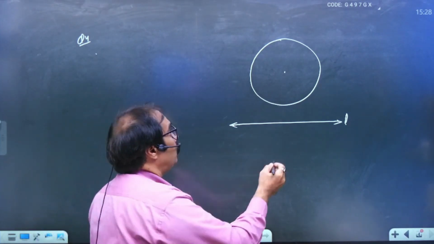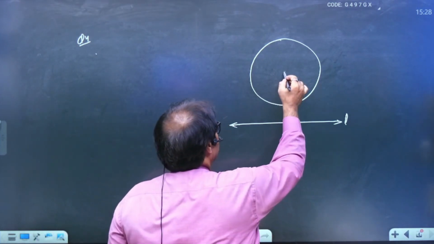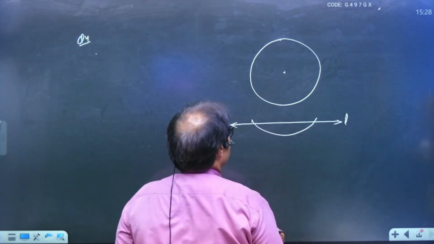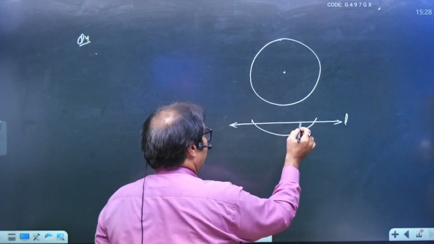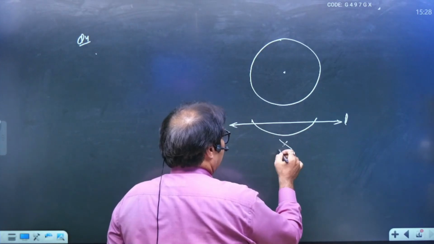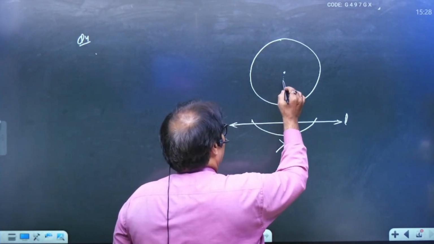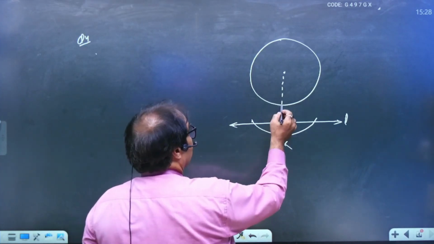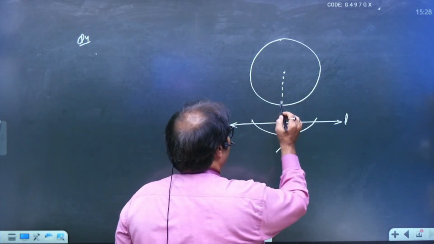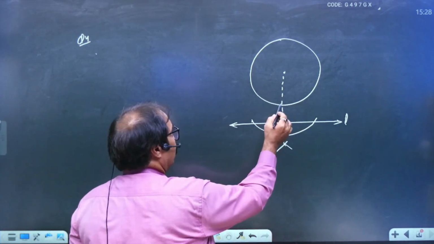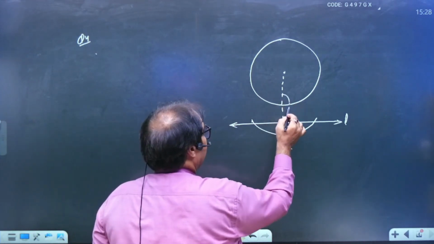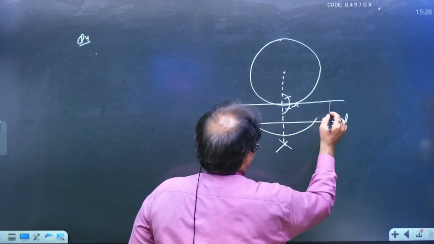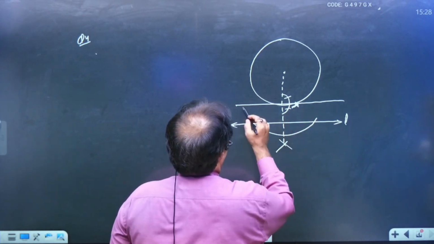Keep your pencil here and mark an arc on this line such that it intersects at 2 points, and from here and here mark another arc and join it. In this way we get a point of intersection with the circle. Draw an angle of 90 degrees.